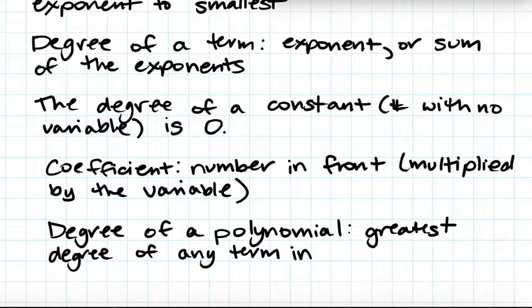So when you're looking for the degree of the polynomial, you're not adding the degrees. That's kind of a common misconception here, because you're adding the degrees to get the degree of a term, but for the degree of a polynomial, you're just looking at each term, finding the degree of each, and then looking for the largest one.